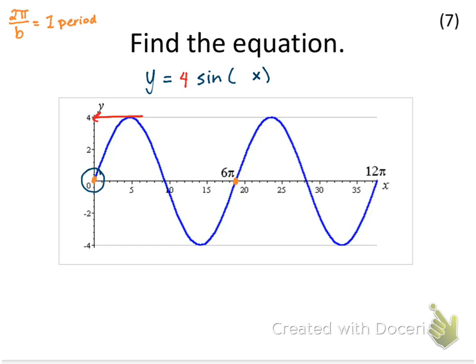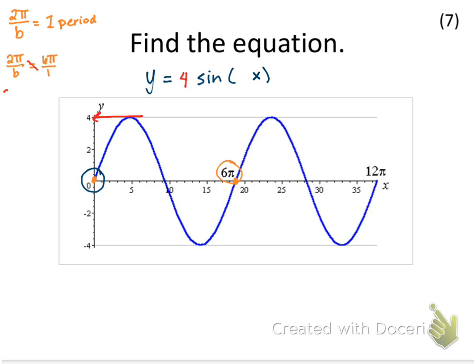So that's going to be 1 period of my graph. So in my formula, I have 2 pi divided by my B value, which I don't know yet, but I do know that 1 period was the distance of 6 pi. So in order to solve this, I'm going to put 6 pi over 1 and cross multiply.